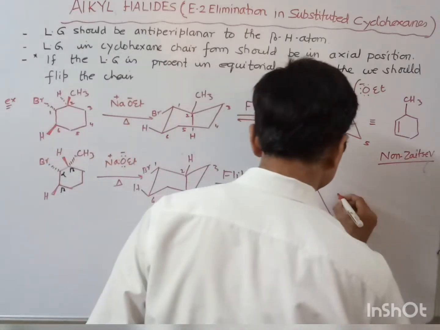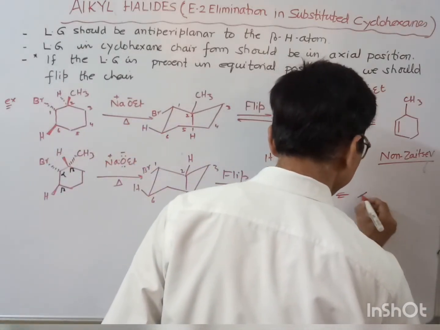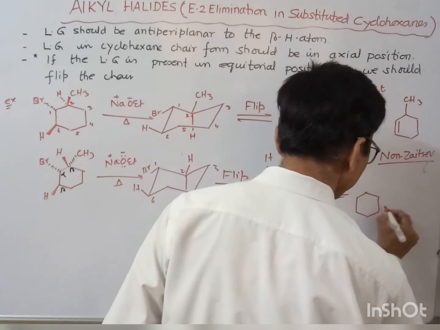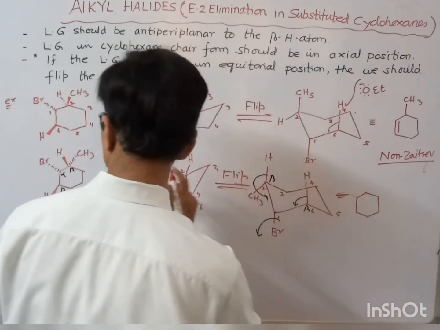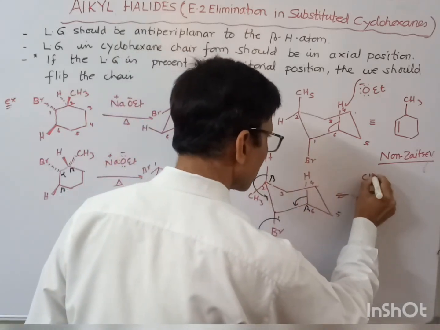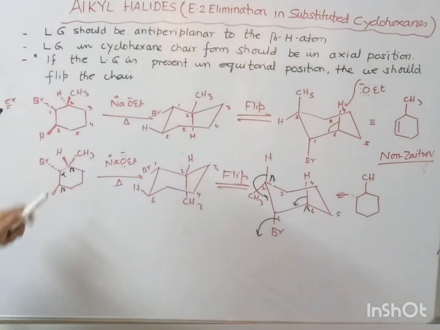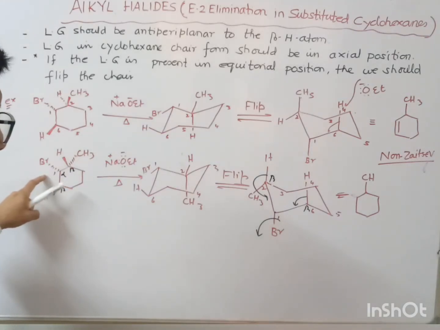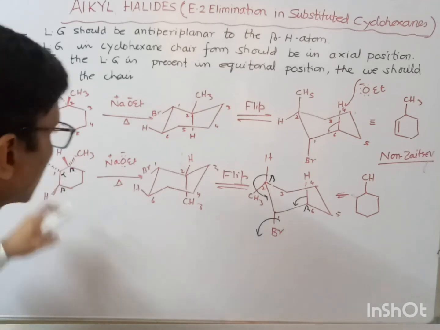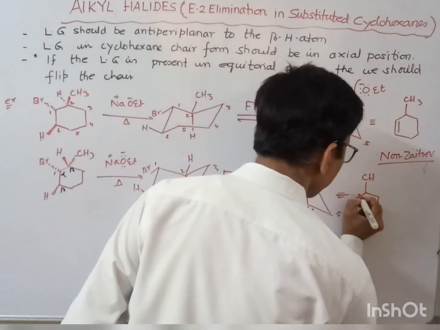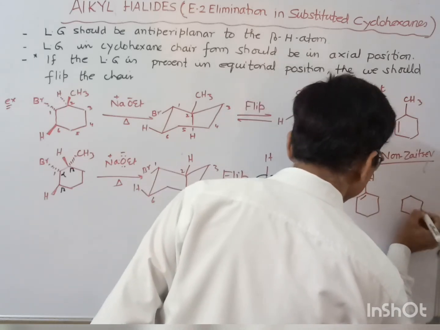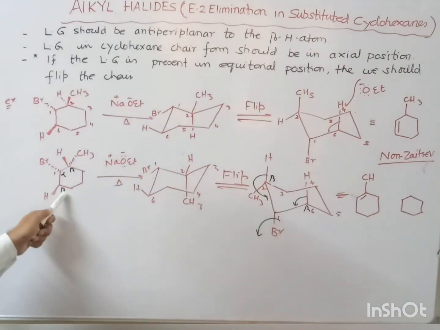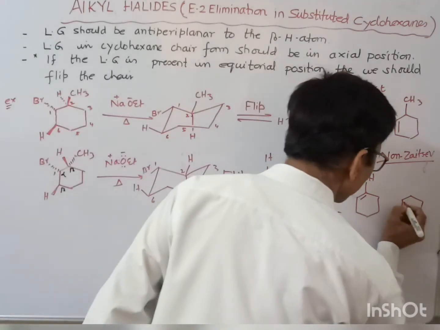So two products may be formed. This was the bromine, the CH3 is present over here, and if this is the first position I have taken, then between the first and second carbon this may be the product, and between first and sixth that would be formed.